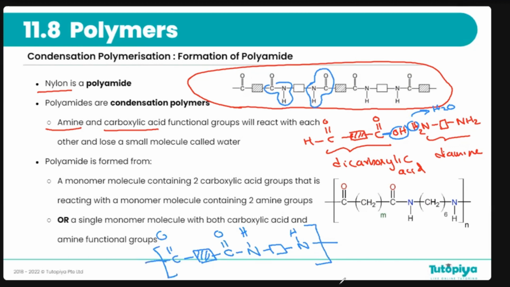This is what the repeating unit looks like. And if you are asked to draw the polymer, then you have to draw a few linkages together like this, or draw the repeating unit and put a simple n. So even for the condensation polymerization that forms a polyamide with an amide linkage, there are two monomers that we start with.